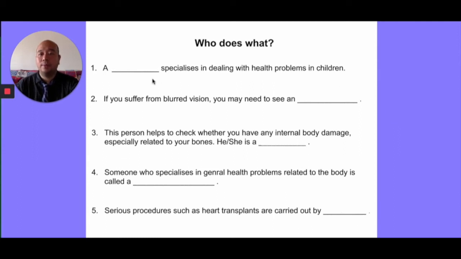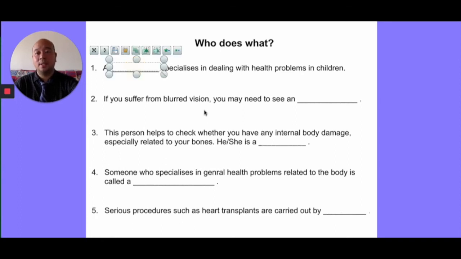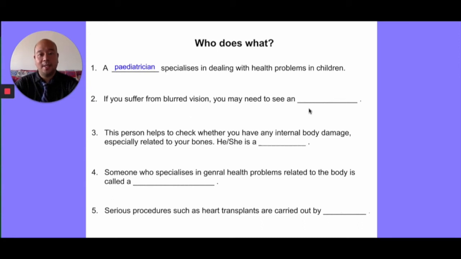So the first one, somebody specializes in dealing with health problems in children. Do you remember who this is? This is a pediatrician. Number 2, if you suffer from blurred vision, you may need to see what kind of doctor?